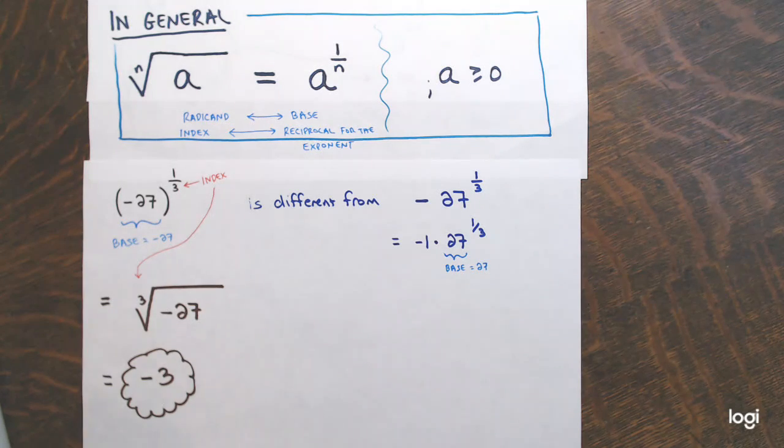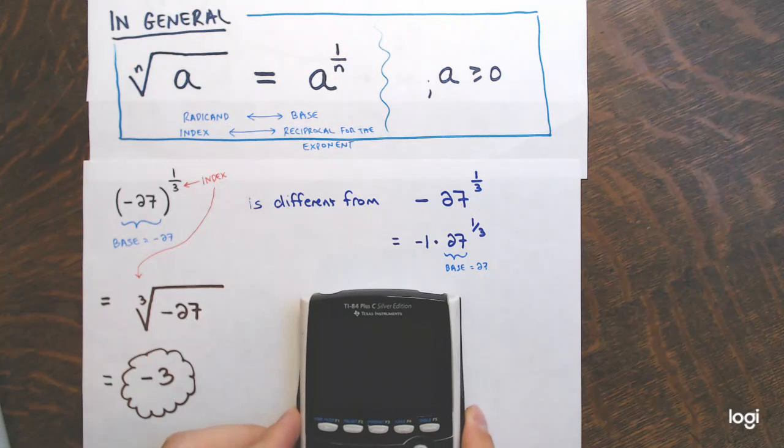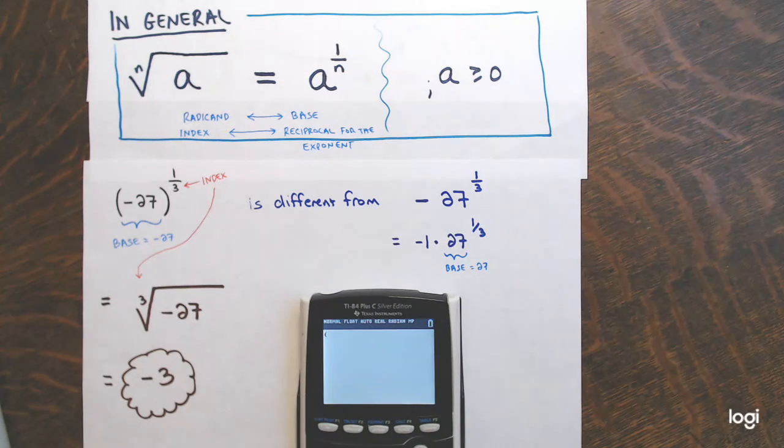And if you want to double check this, let me show you again now. I put in parentheses, negative 27, close the parentheses, raised to the 1/3 power, and you're going to see -3 in my calculator.